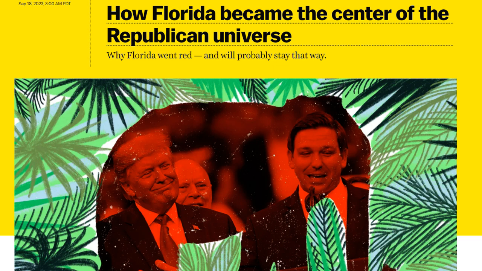It used to be a state that was thought to determine the presidential election, like Pennsylvania is now. However, in the last couple years, Florida has become more and more Republican. Barack Obama won it twice. He barely won it in 2012, but then in 2016 and 2020, the state became more and more Republican.